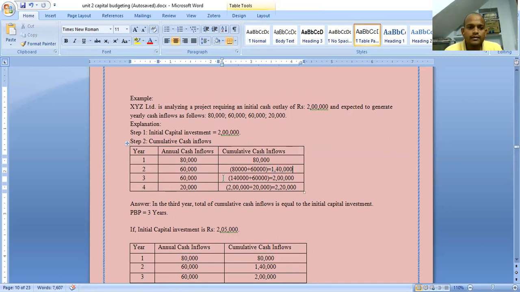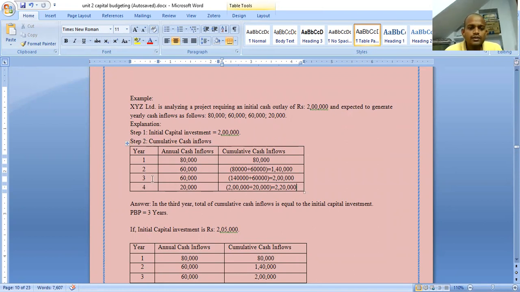In the third year, 60,000 more, so it comes to 2 lakhs. And in the fourth year, 2 lakhs 20,000. We have to cumulate all the cash inflows.